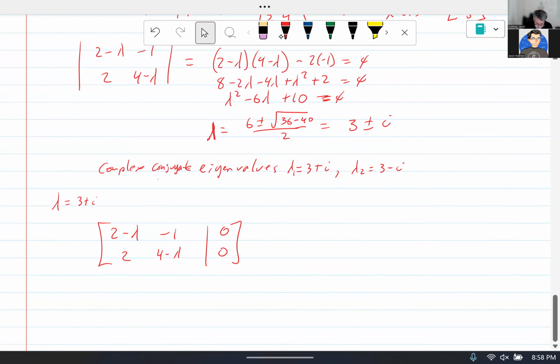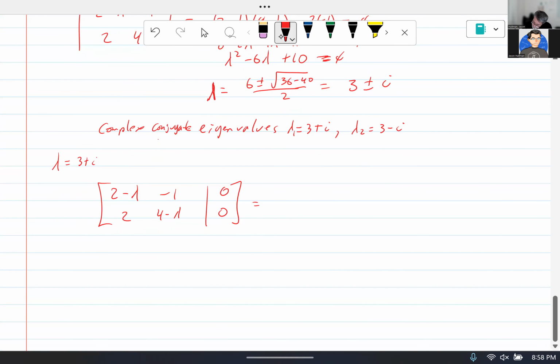So this becomes 2 minus (3 plus i), -1, 2, 4 minus (3 plus i), 0, 0.